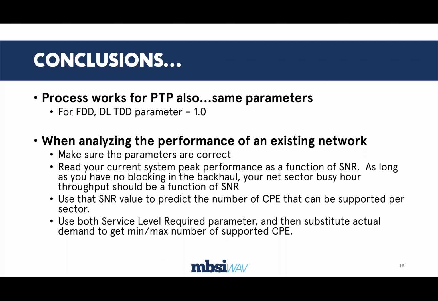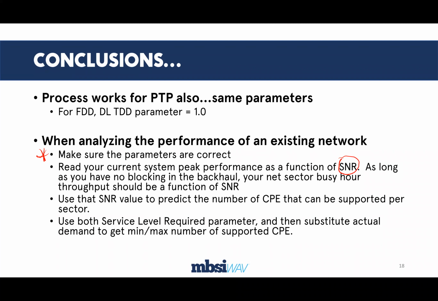So when I'm analyzing my network, make sure the parameters are correct. Understand what your network is doing. Read your current system peak performance as a function of this signal to noise ratio.